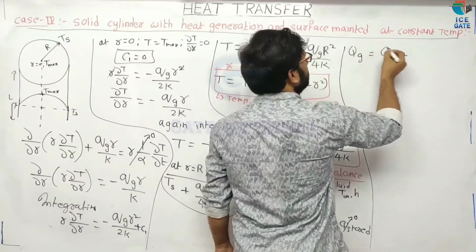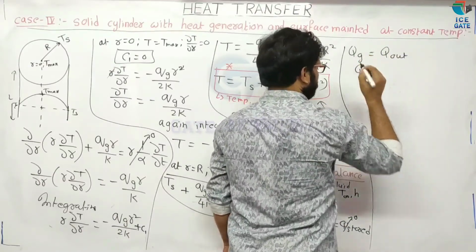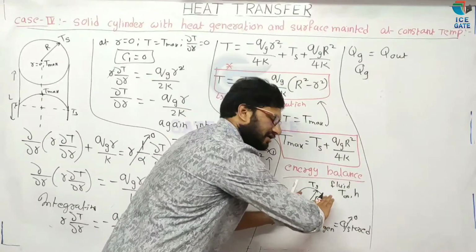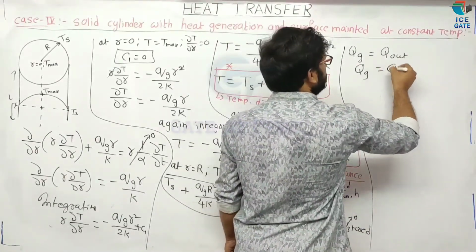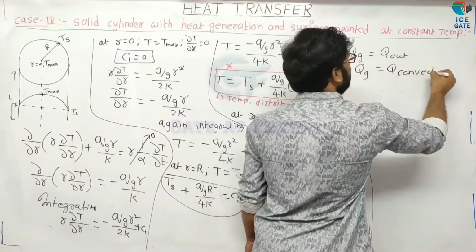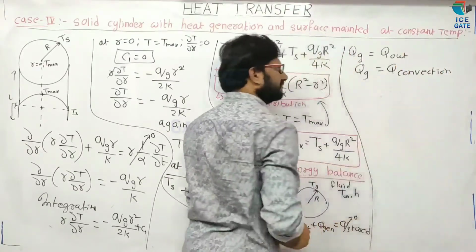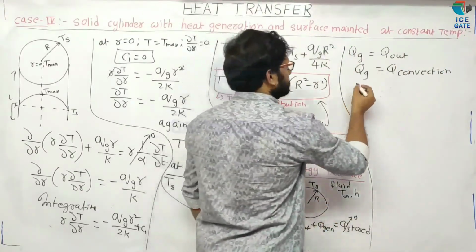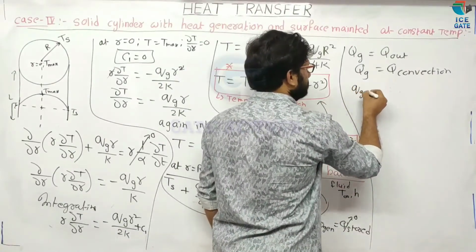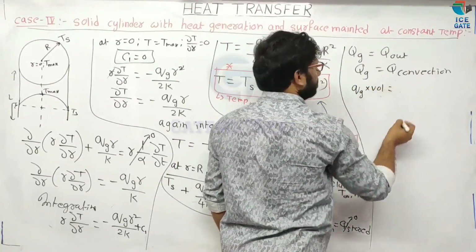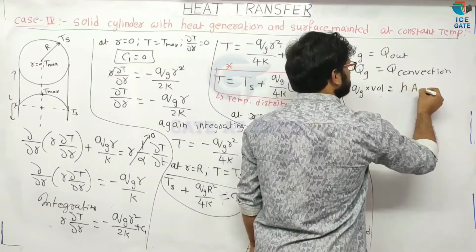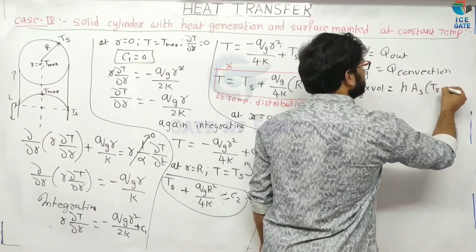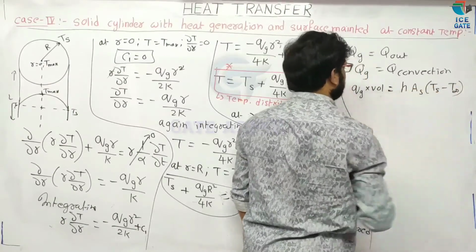Now, what is Q out here? Convection, now heat is convecting to the fluid medium, that is output. Now, Qg is equal to Q convection. Okay. Now, what is Qg? Small qg into volume. Now, convection formula, H into surface area into delta T, that is Ts minus T infinity.